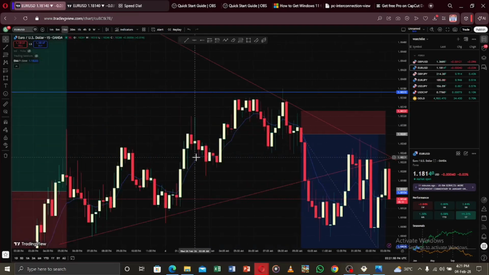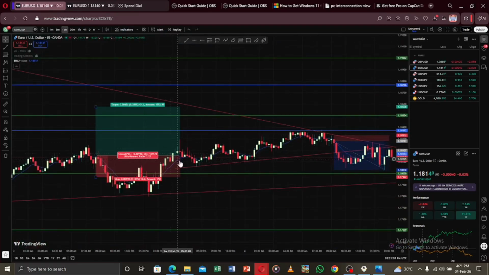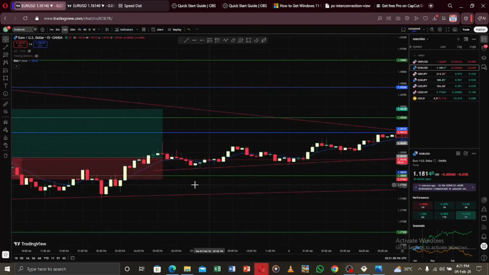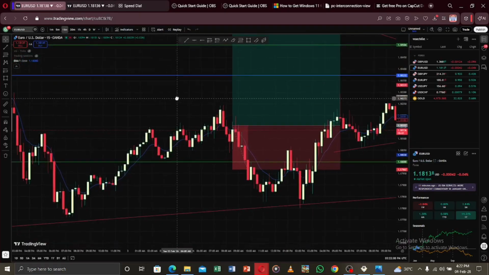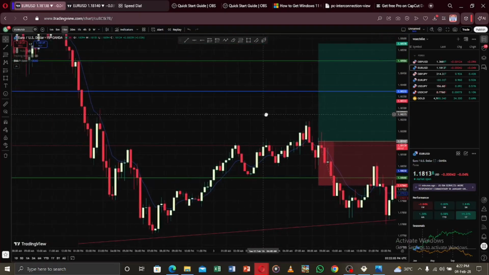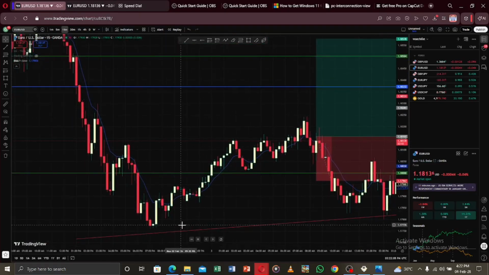This one I told you I did not take the trade. I'm not really sure what I was seeing here that made me take the trade. This one is a new thing, so I wouldn't know that there was a support level here. In fact, price came here from the resistance up.